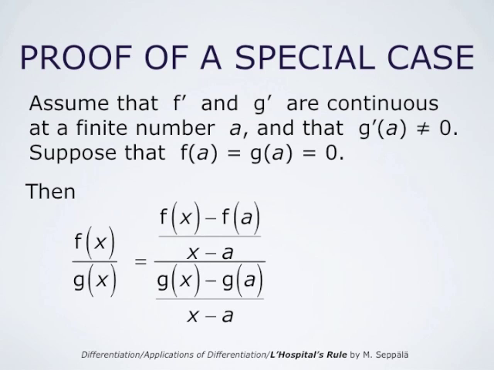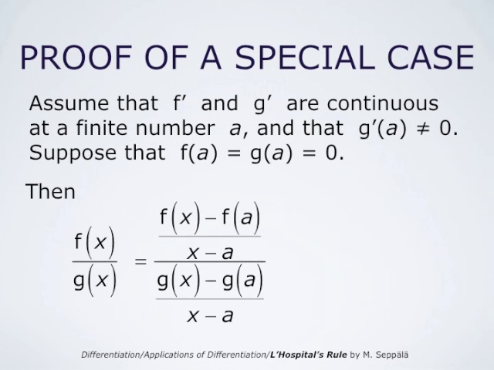So f of x minus f at a is simply f of x, and g of x minus g at a is simply g of x. And x minus a is the term that we use to divide both the numerator and the denominator.